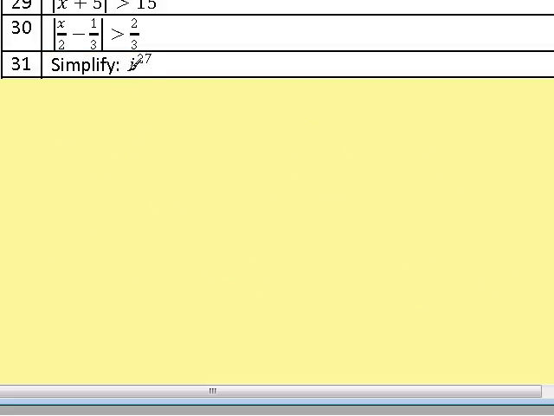All right, number 31, we're simplifying this expression involving i. Let's remember that i to the 4th is equal to 1. And in fact, i to any exponent that's divisible by 4 is equal to 1. So we're going to rewrite i to the 27th as i to an exponent divisible by 4 that's less than 27.